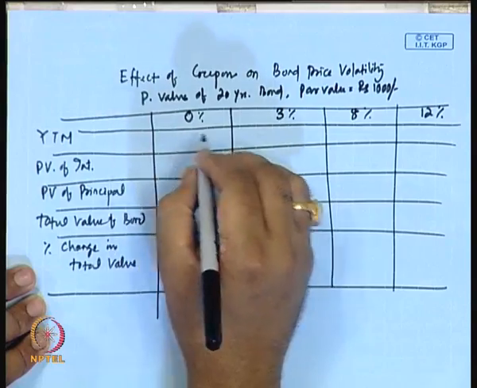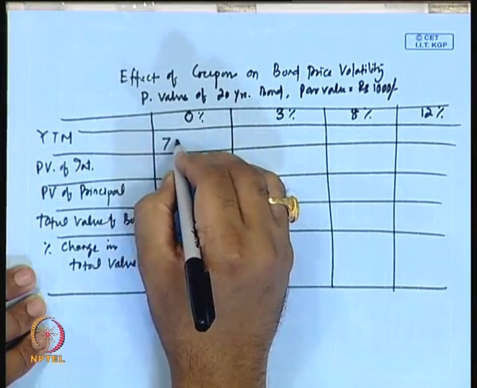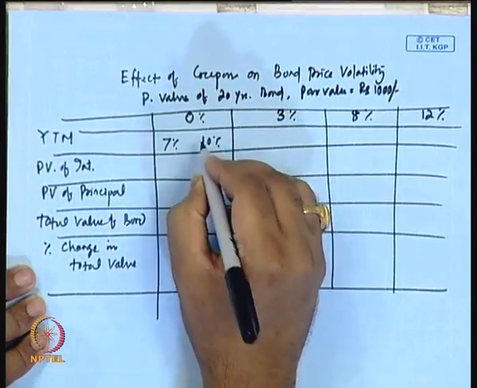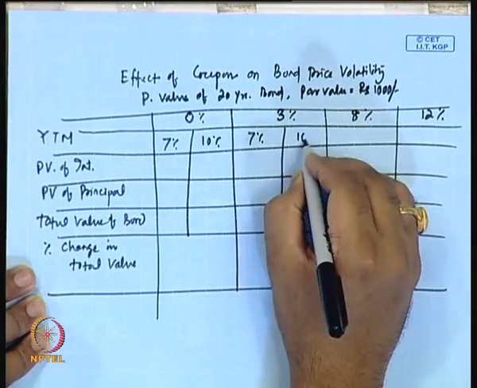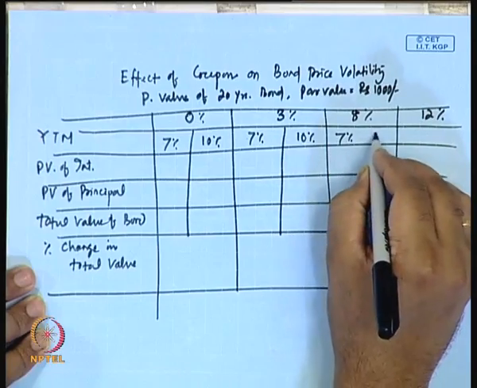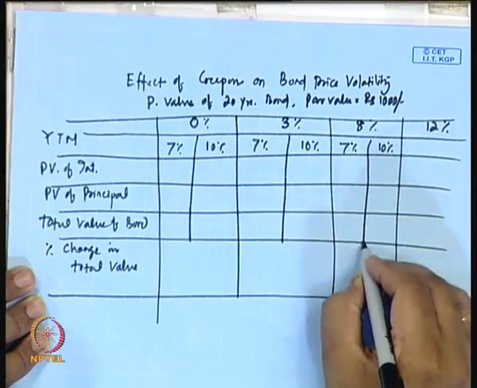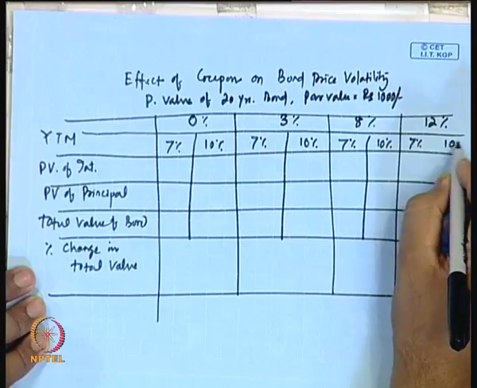So it is 7% or 10%, again 7%, 10%, 7%, 10%, 7% and 10%.